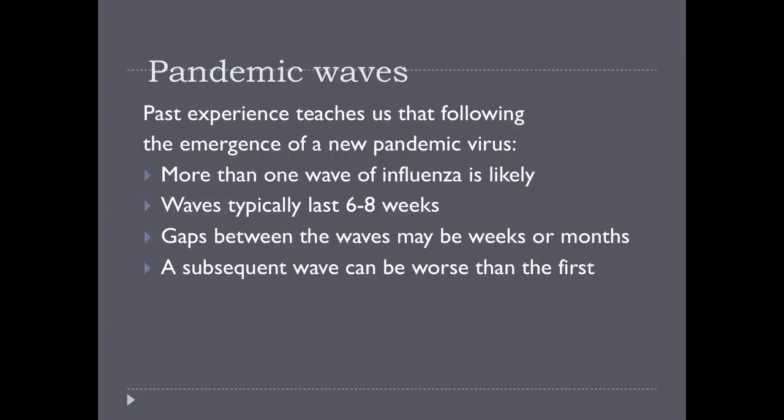The gaps between waves may be weeks or months, and a subsequent wave could be worse than the first. So for that reason, you have to be aware that even though the actual epidemic may be contained within 1 year, once the waves come down, you have to keep the surveillance up so that it doesn't come back.